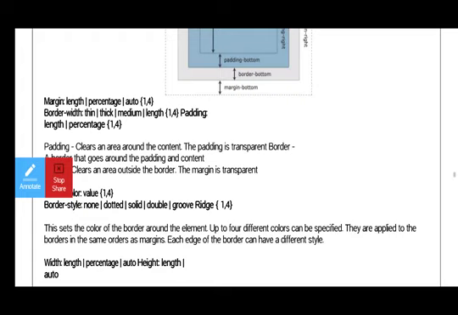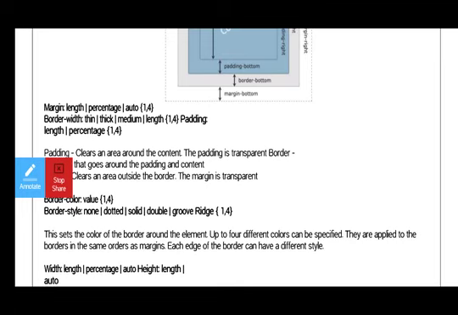So here, margin: we can have a length, or we can have automatic, that is 1 to 4 values. The next one is border width. Border width can be a thin line or a thick line, or medium, or a length, 1 to 4 values. And the third one is padding.